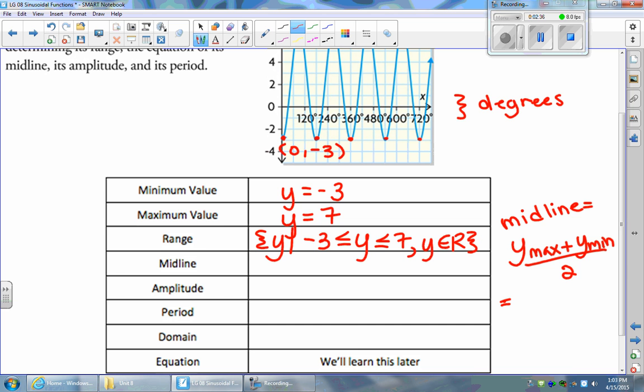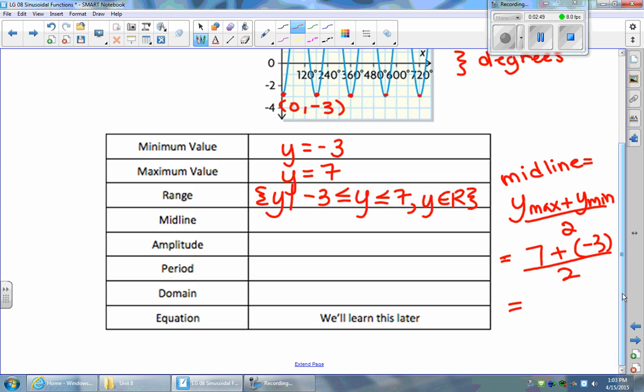Okay, so my maximum y value is 7 plus my minimum y value, -3, divided by 2 should give me my midline. 7 plus -3 is 4 divided by 2. So my midline is 2. Okay, so my midline is at y is equal to 2.